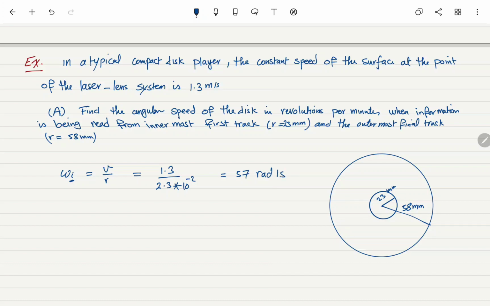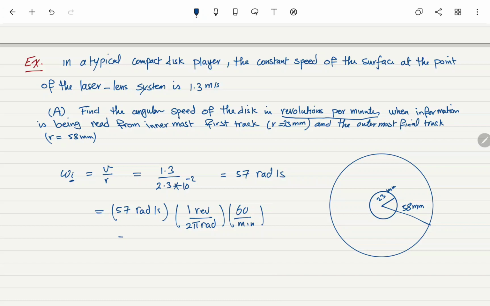Since the question asks to find the angular speed in revolutions per minute, we have to convert 57 rad per second into revolutions per minute by multiplying by 1 revolution per 2 pi rad, since 1 revolution equals 2 pi rad, and seconds we have to convert into minutes, so 60 divided by 1 minute.